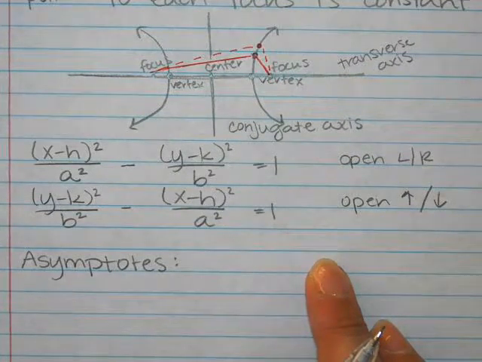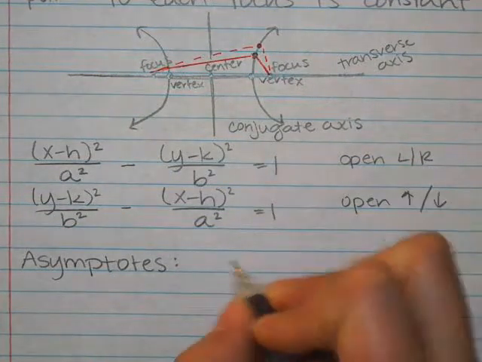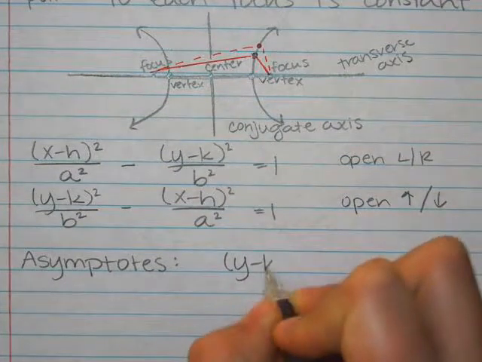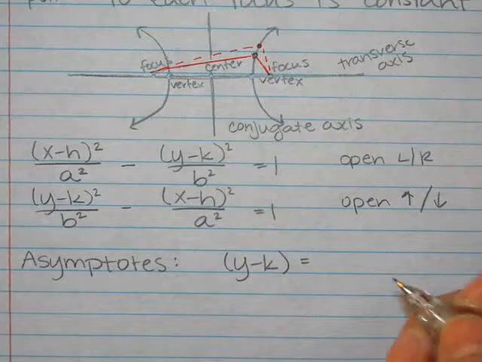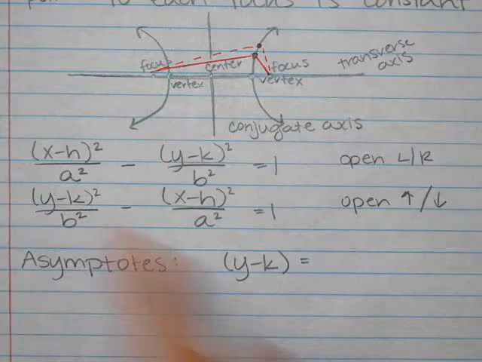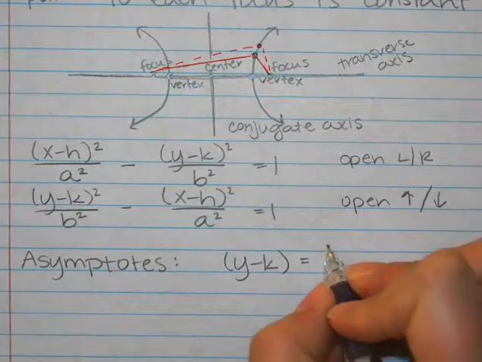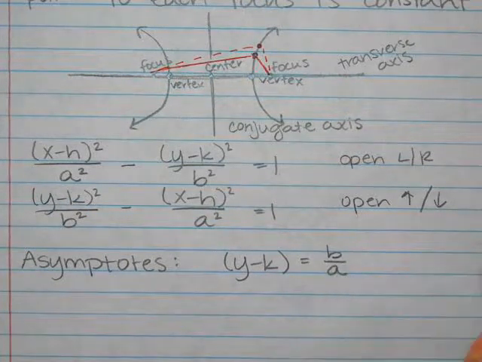And the asymptotes, let me make sure I'm writing it correctly, is y minus k, equals b divided by a.